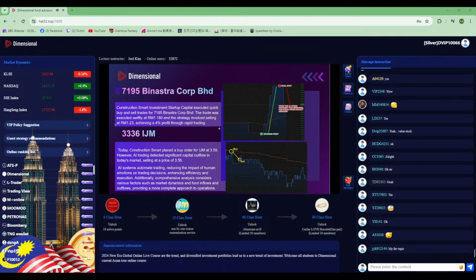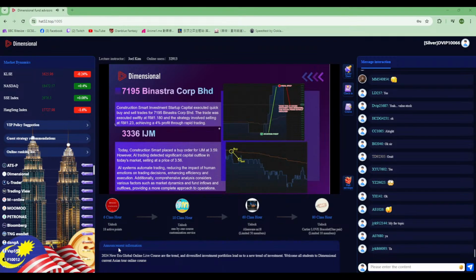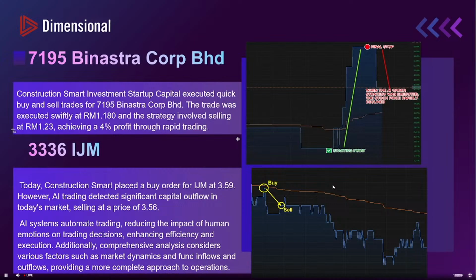The current one, construction smart trading, uses AI to continuously monitor unusual trades in construction stocks. It evaluates and selects stocks based on their value, engaging in short-term trading of construction stocks with startup capital between 5,000 and 50,000.